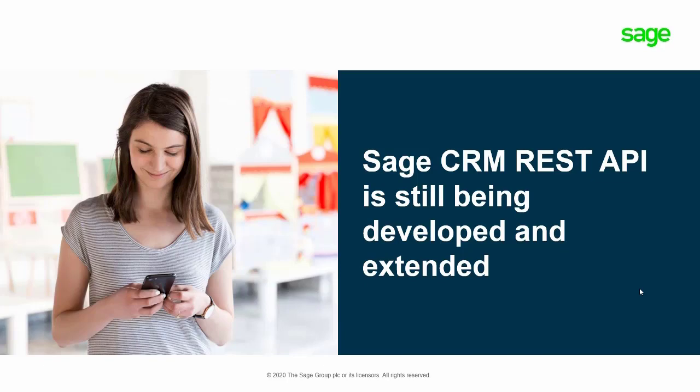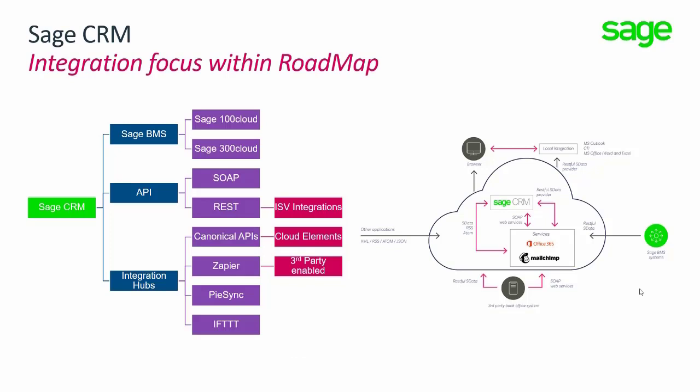And it is one of the strategic drivers of the roadmap. Part of the strategic drivers of the roadmap is the desire to make the product more accessible and attractive to developers to create exciting extensions and integrations for the product. So this is placing far more emphasis on the APIs than ever before.